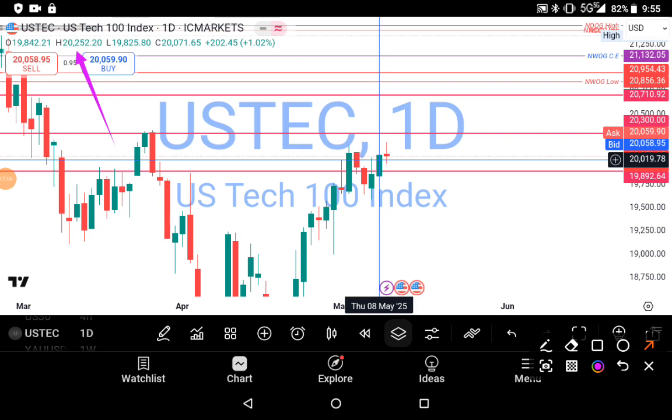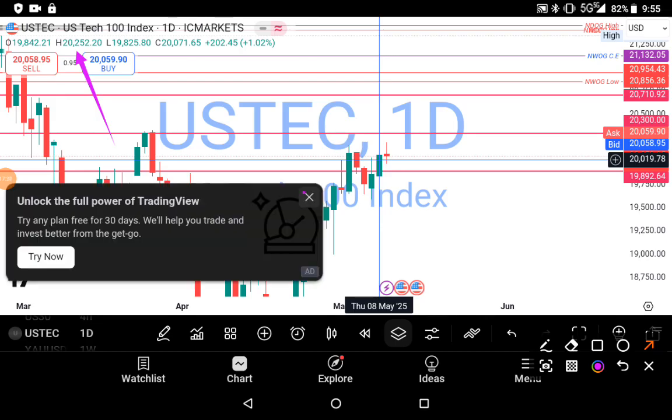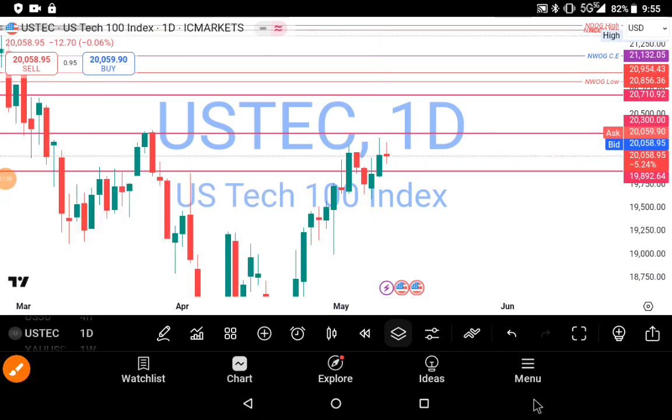While I'm eyeing the high side, I'm eyeing 20,400 to 20,500, because this high here is still left unvisited. This high here needs to be raided. Nothing, not even your selling pressure will stop it.